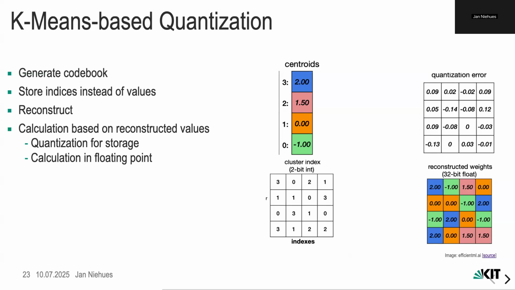Any idea why it could be faster than just storing these numbers and calculating, versus reconstructing them and calculating again? Sounds maybe a bit surprising why calculating with quantized things, even if you do reconstruct them, could be more efficient. I think it's more memory efficient, especially in the GPU.